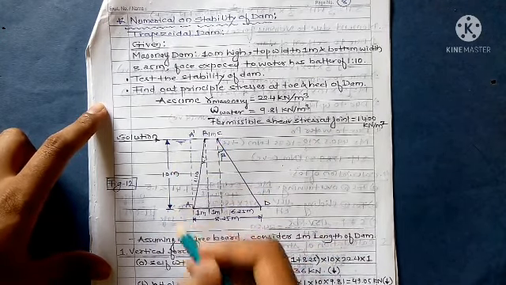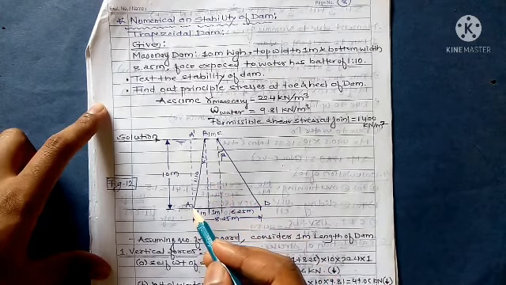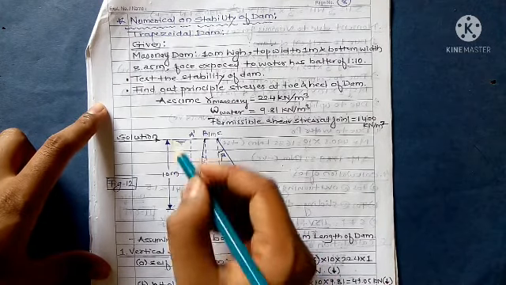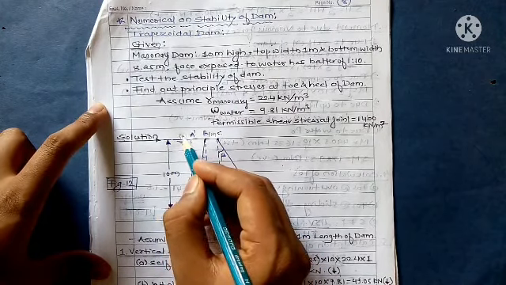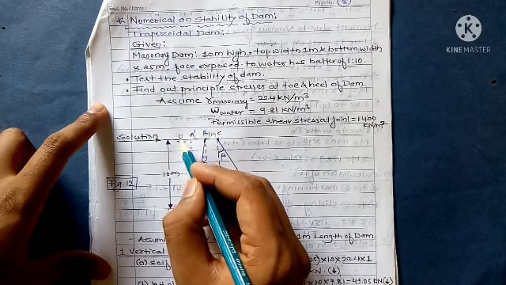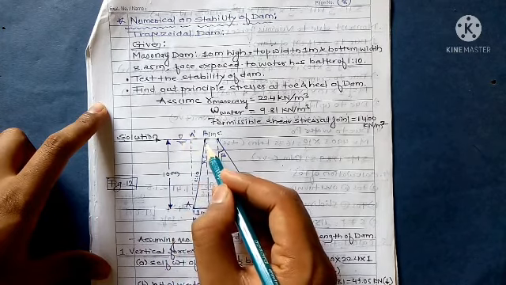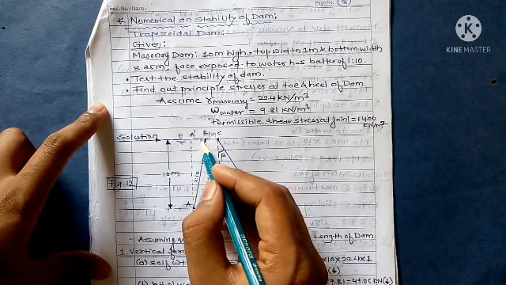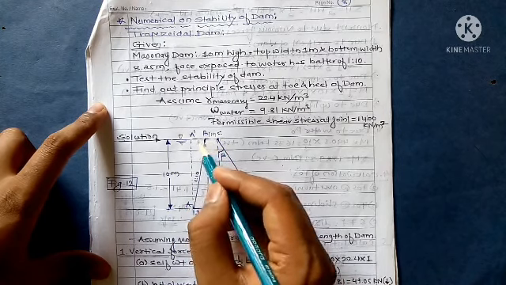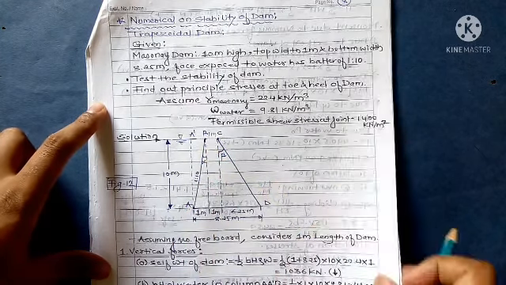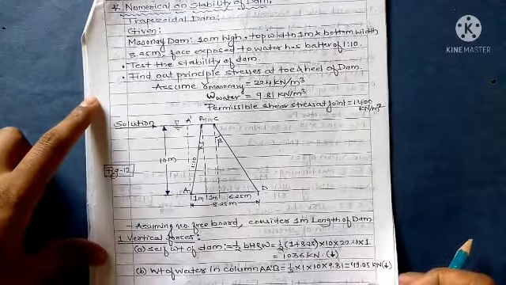We write all the dimension and show here the water level. So assume the water level up to the top, so neglect the freeboard. So this is the diagram.